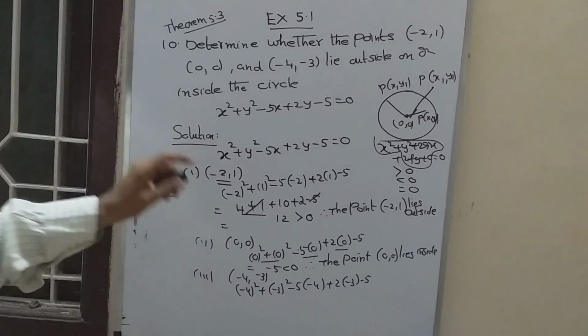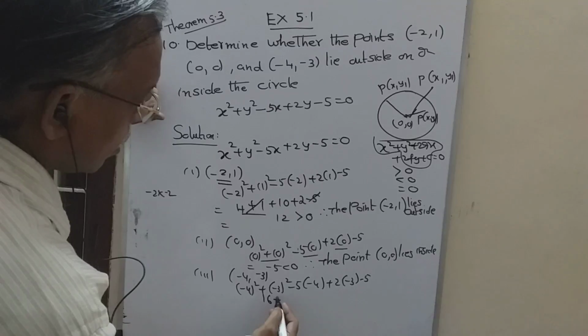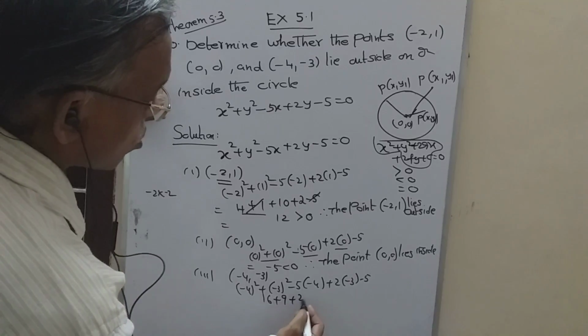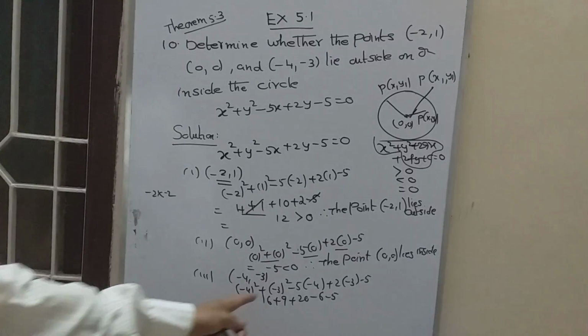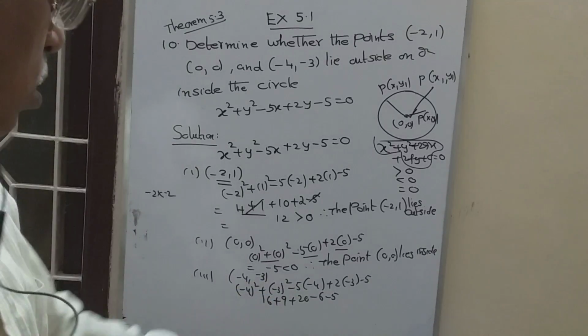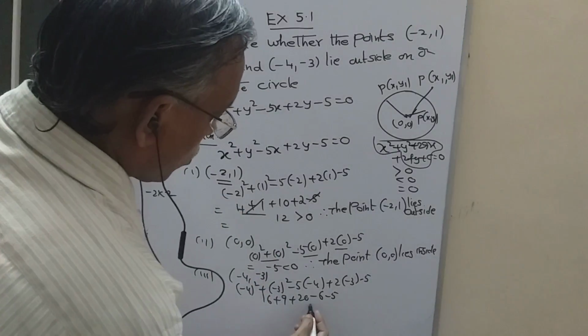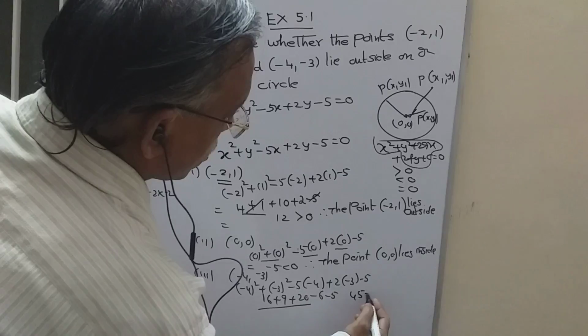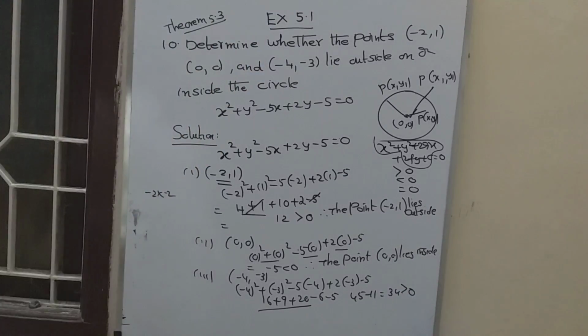Minus 4 the whole square is 16. This is 9, plus 20, minus 6, minus 5. 16 plus 9 is 25, 25 plus 20 is 45, up to here 45. 45 minus 11 is 34, greater than 0. Again the point lies outside.